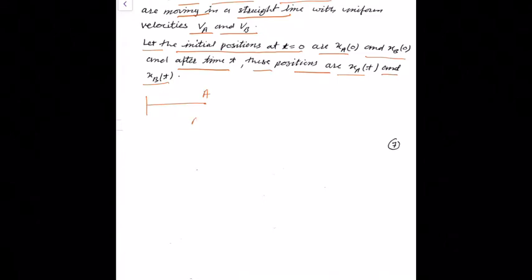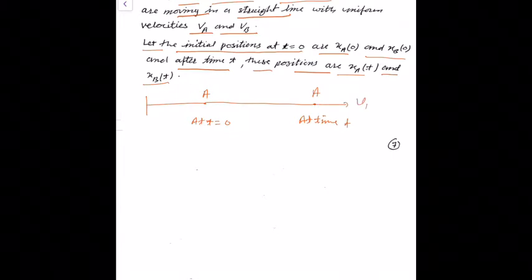Body A at t equal to 0, and at time t, at this position velocity is VA.